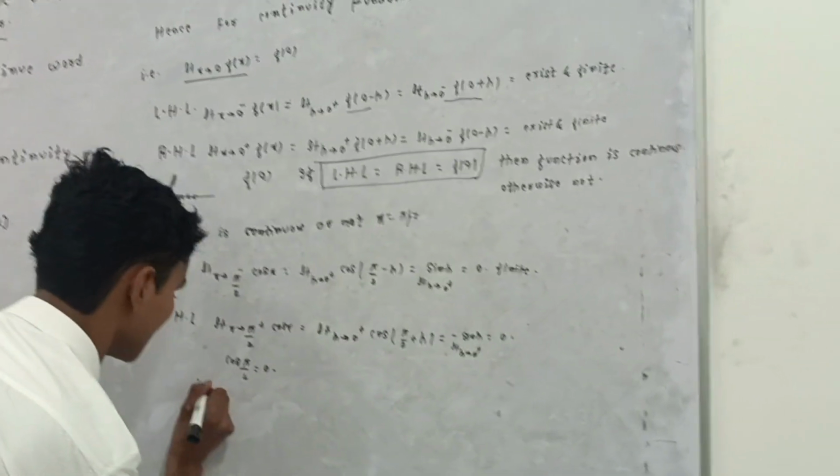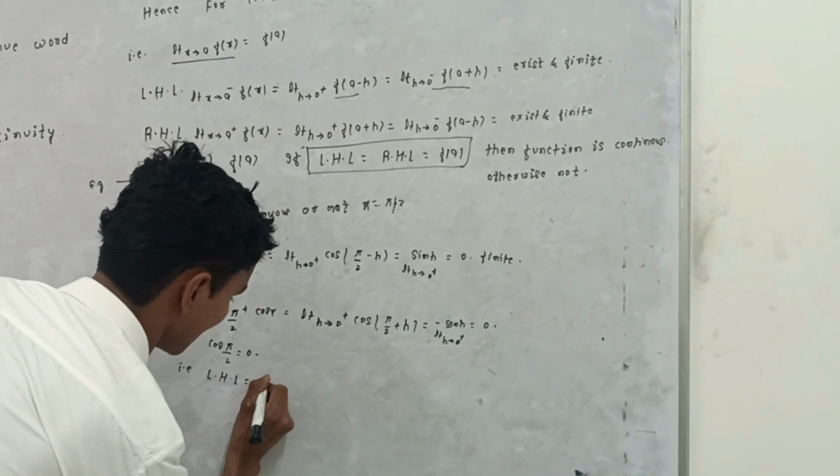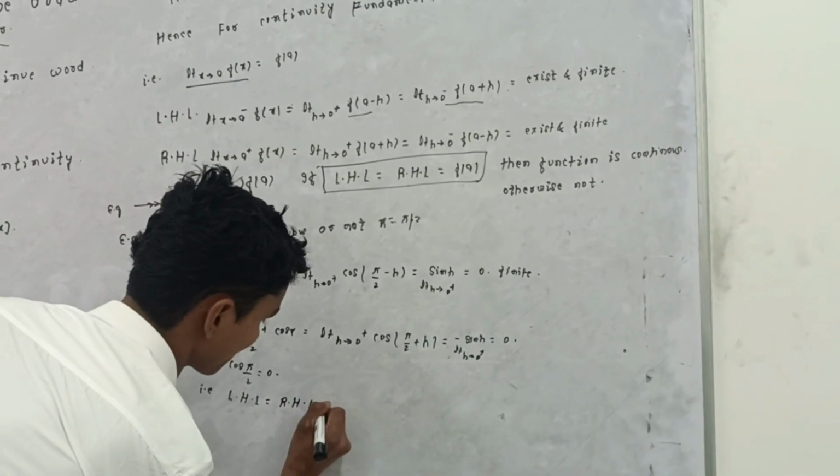That is, left hand limit is equal to right hand limit is equal to functional value.